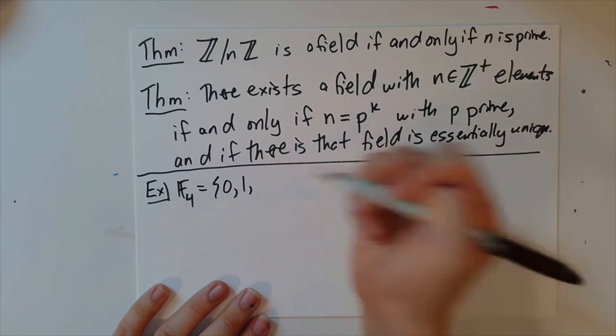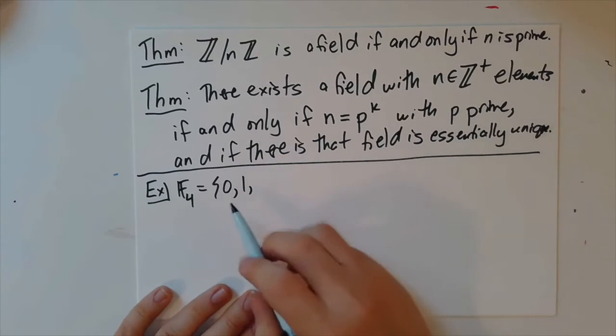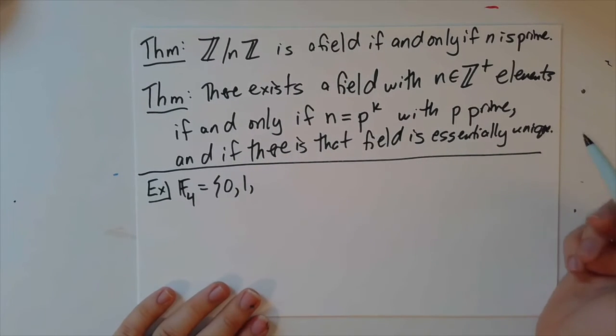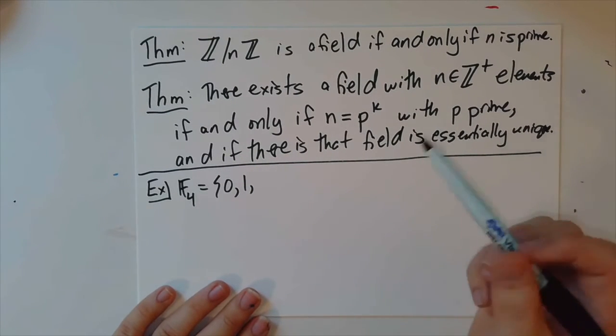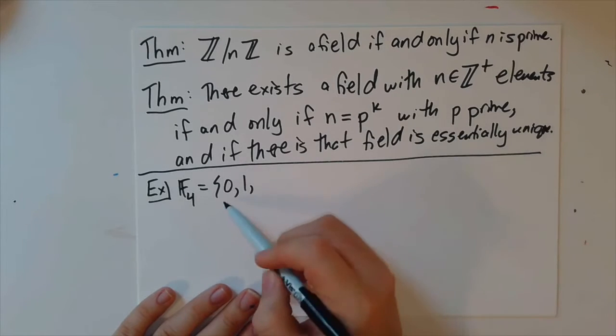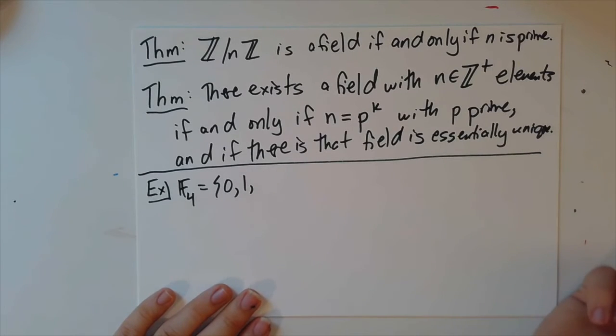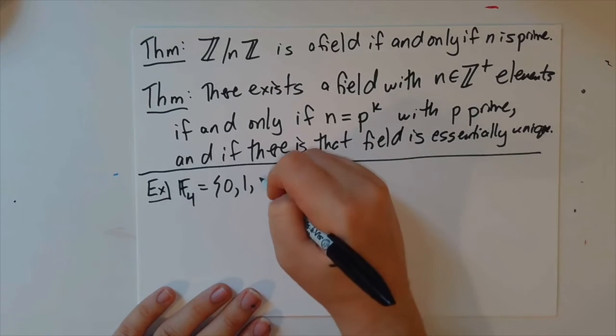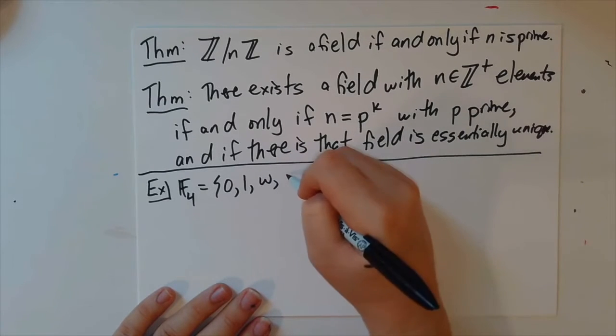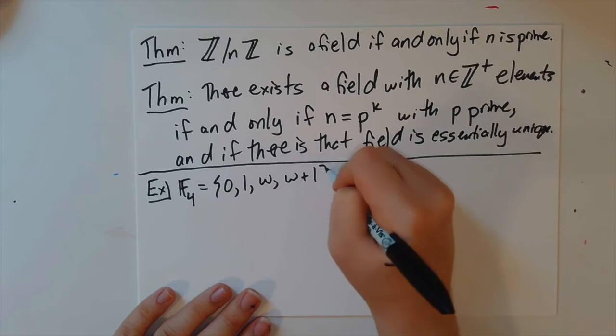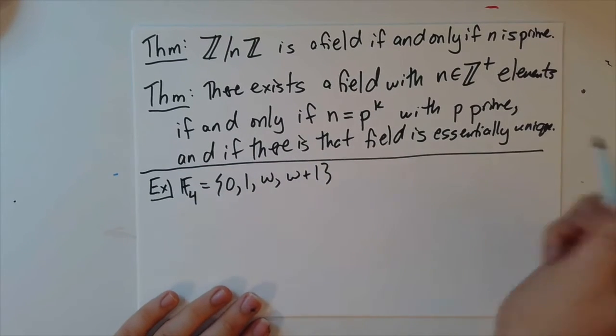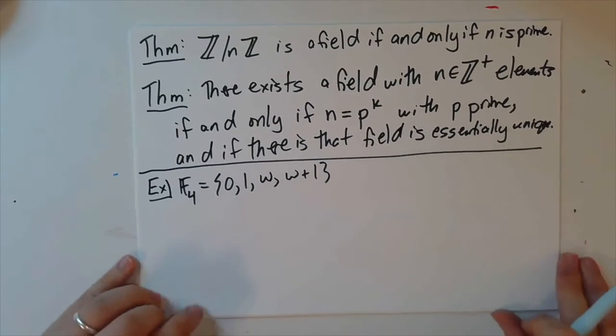So it's got an element called 0 and an element called 1, which you might recall, it was an axiom that every field has an element called 0 and an element called 1. But I'm going to be more creative with my other elements. I'm going to call my other elements omega and omega plus 1. So these are my elements.